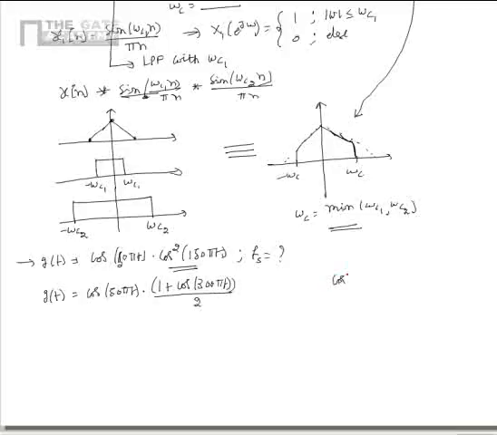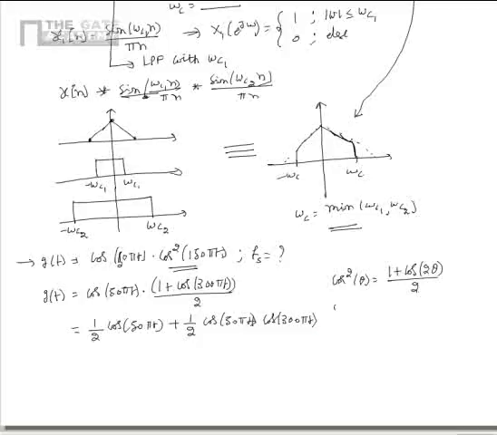This is because we know that cos square theta can be written as 1 plus cos of 2 theta divided by 2. So g of t can be simplified as half cos 50 pi t plus half cos 50 pi t multiplied by cos 300 pi t.